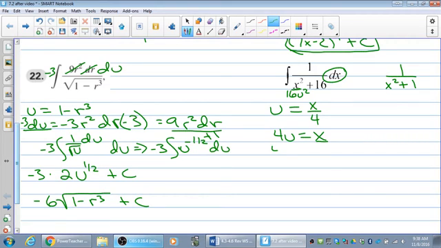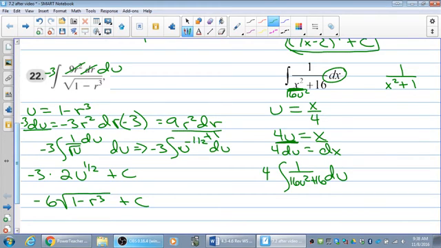So 4 du, the derivative of 4u is 4, equals the derivative of x is 1, so dx. So if I replace dx with 4 du, and I replace x with 4u, I get 1 over 16u squared plus 16.